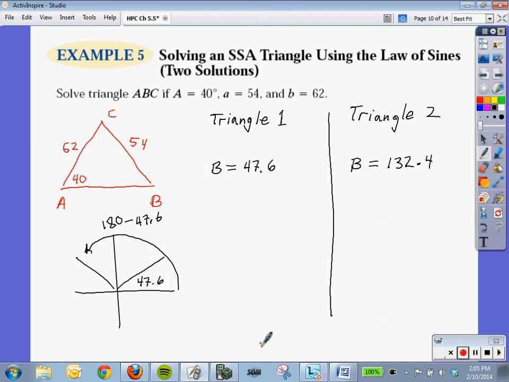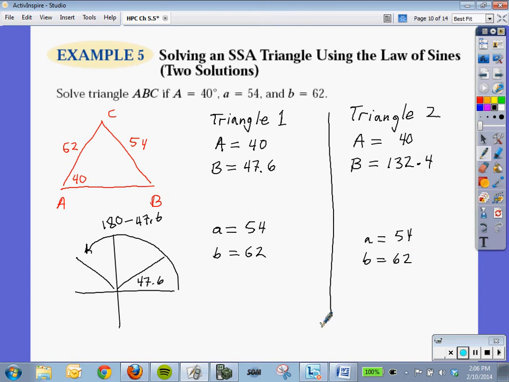So with triangle 1, we have angle A is 40, little a is 54, and little b is 62. Actually, we have the same thing for triangle 2. That's the given information. So we have A is 40, little a is 54, and little b is 62.